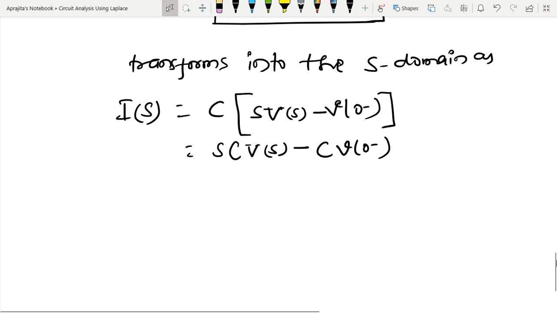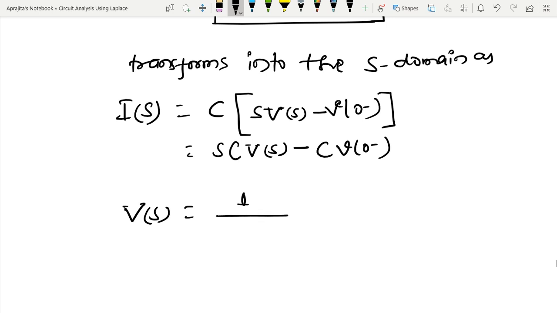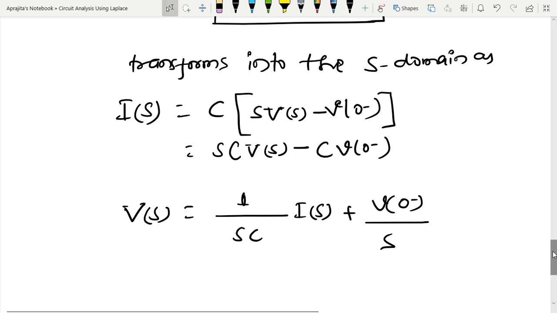And in parallel you can write, because you are able to understand that either I can represent it in Is or in terms of Vs. So basically I have two equivalent circuits: Is equals SC Vs minus C v(0 minus), and Vs equals Is by SC plus v(0 minus) by S. Now let us try to draw the circuit based on these two expressions.